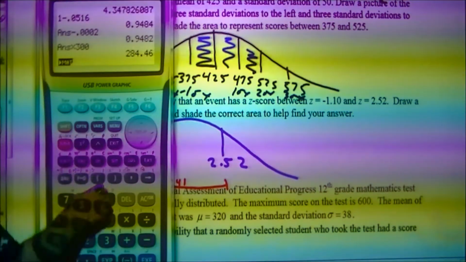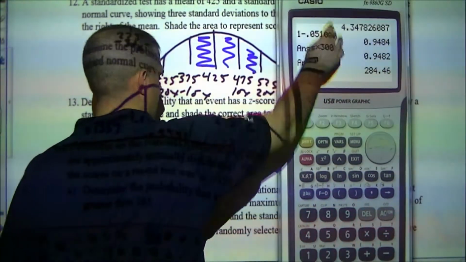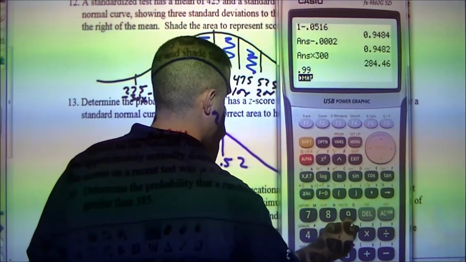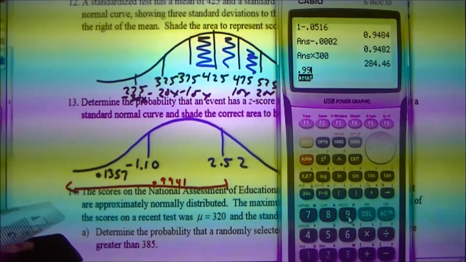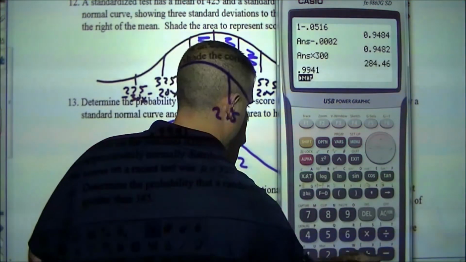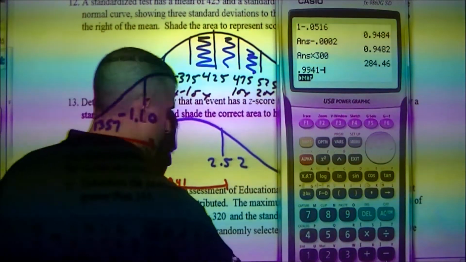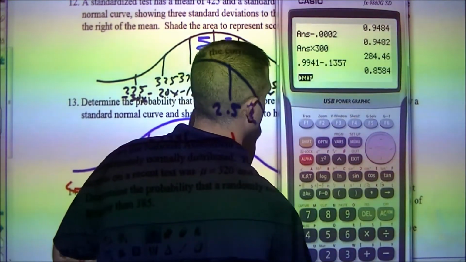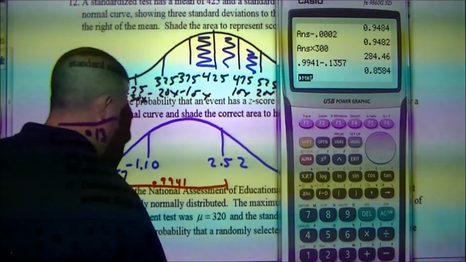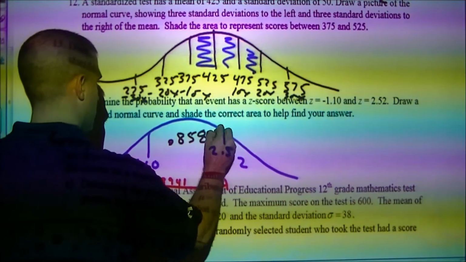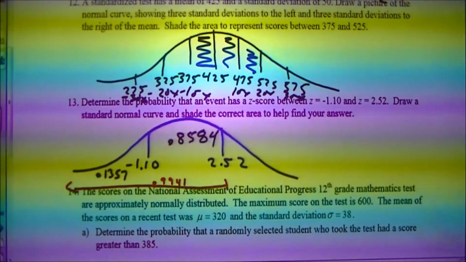That's a simple subtraction problem: 0.9941 minus 0.1357. So that tells me the area in between is 0.8584.